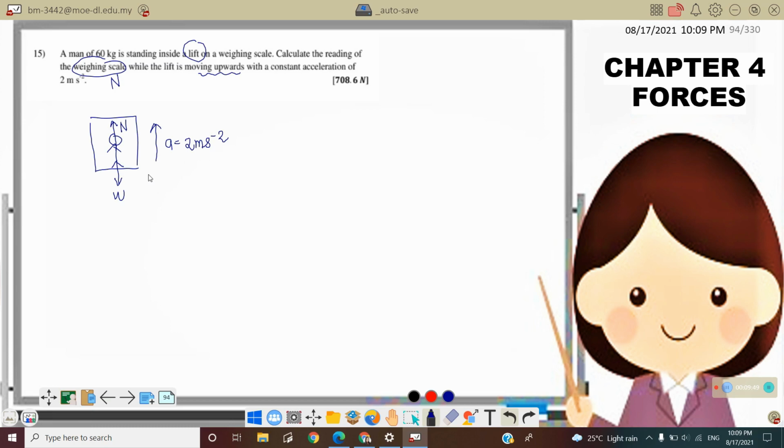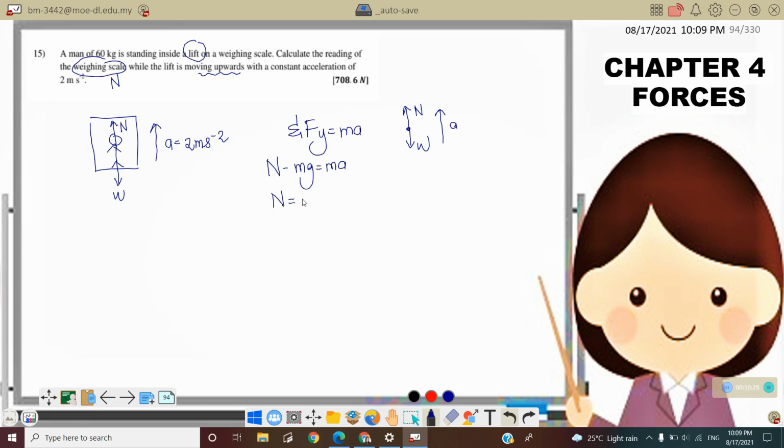Okay, so for this case, we only involve the y component, where Fy equals to ma, and a is not 0. Normal is acting upward, weight is acting downward, and the motion accelerates upward. So we must take normal minus weight or weight minus normal; you must refer back to the motion. Since the motion is moving upward, we must take normal minus mg, or the weight, equals to ma.